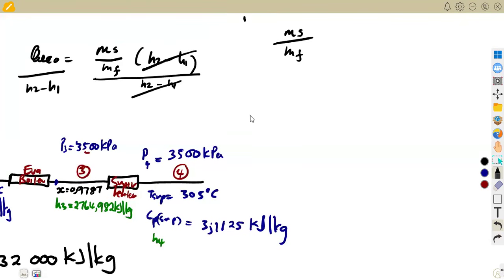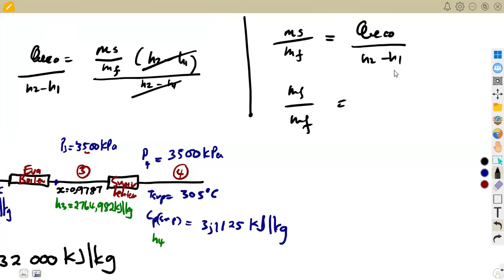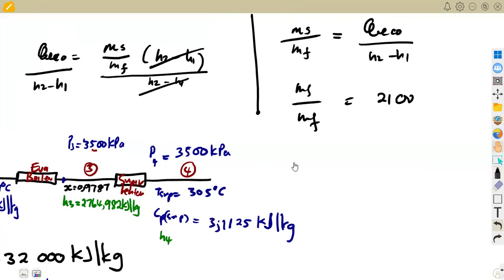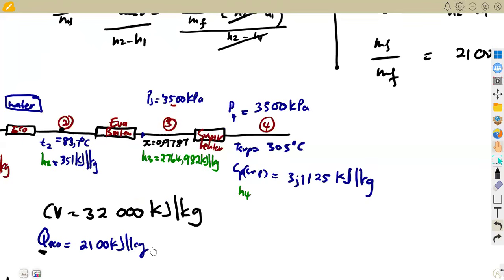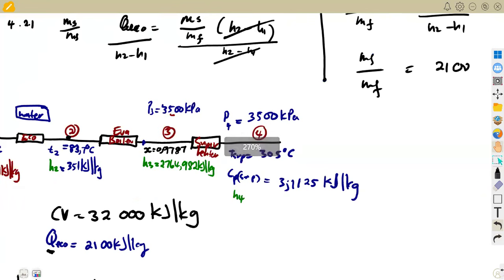So the mass of steam over the mass of fuel, according to our calculation, is given as Q from the economizer over H2 minus H1. The Q from the economizer, which we are given there, was 2,100 kilojoules per kilogram, then over H2 minus H1.